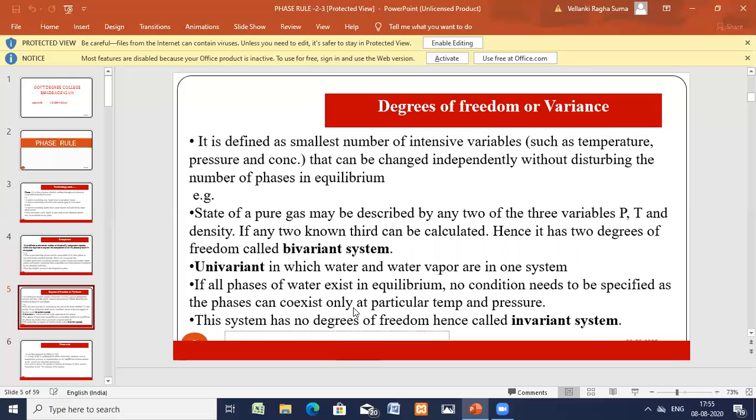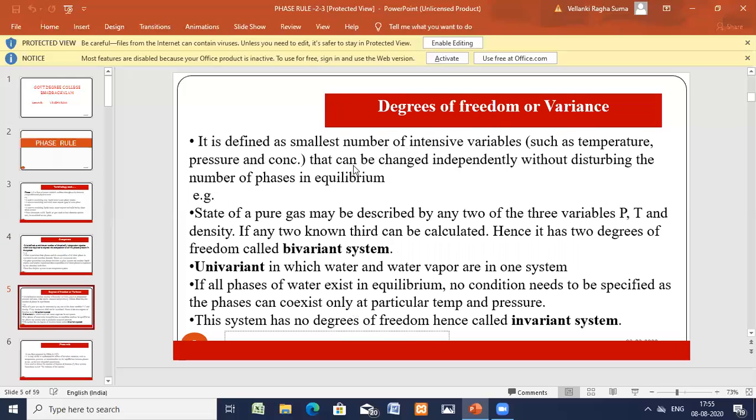Now we are going to study what is F, degrees of freedom or variance. It is defined as the smallest number of intensive variables like temperature, pressure, composition or concentration.